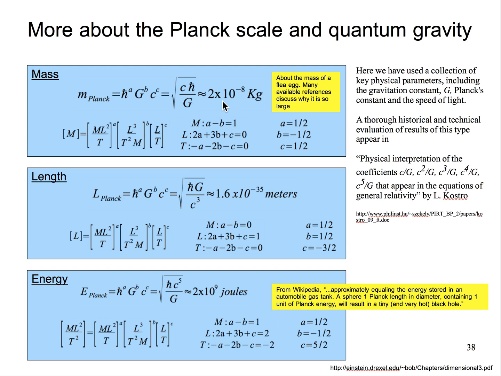So it's not tiny. I mean, compare that with, here's the Planck length computed using the same method, 10 to the minus 35 meters. Planck energy, which you might imagine, is equal to this times c squared, the Planck energy is 2 times 10 to the 9th joules. That's about the equivalent of the energy in a full tank of gas.